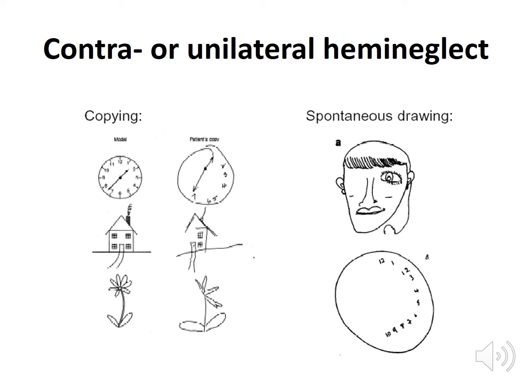It's particularly obvious when you look at the clock. And in spontaneous drawing, it basically produced images focusing only on one side of the representation. However, some parts actually are present in the human face. You can see there is an ear on the left side even. There's no eye on the left side, but on the right side.